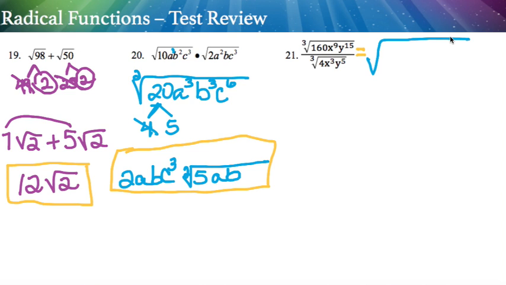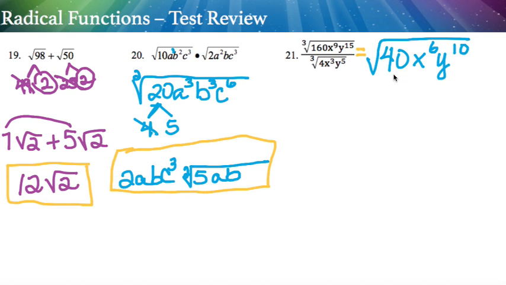Okay. And I'm going to go 160 divided by 4. And that's going to make 40. Okay. And then I've got, how many x's do I have left? I have 6 x's left on the top there when you cancel everything. And I've got 10 y's.